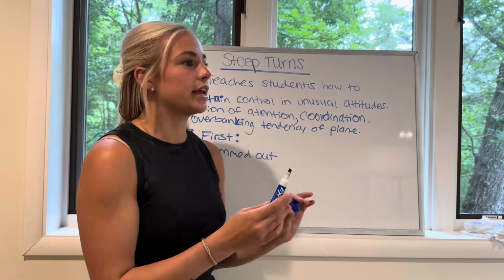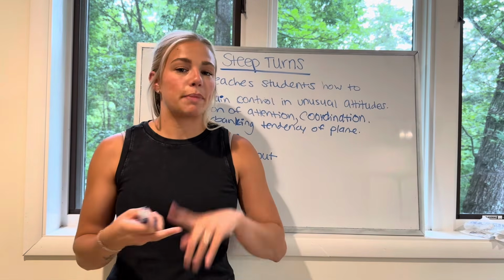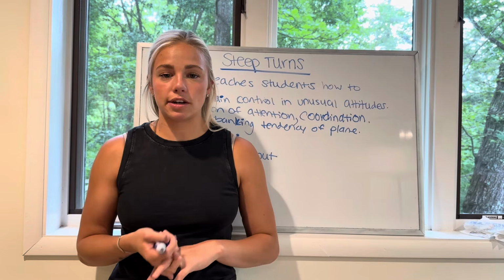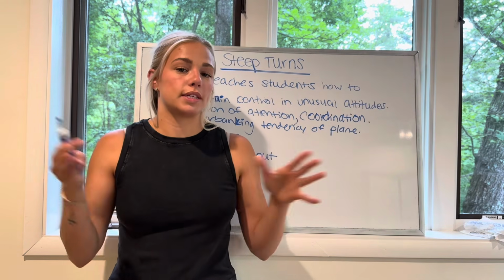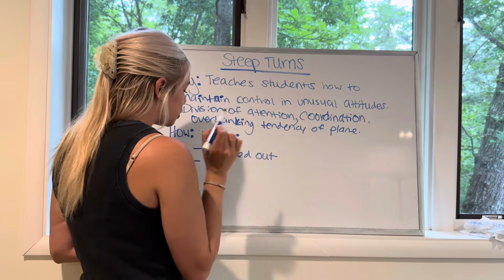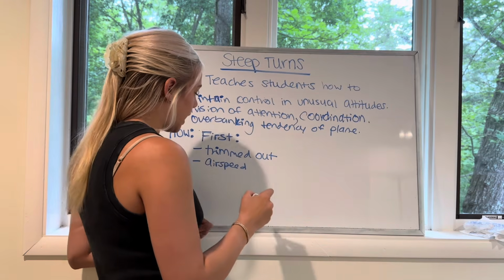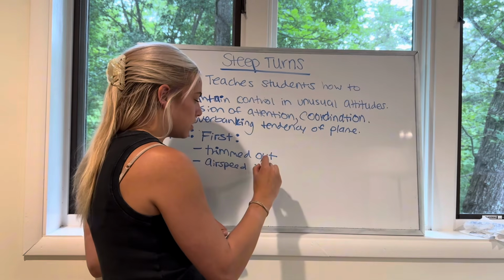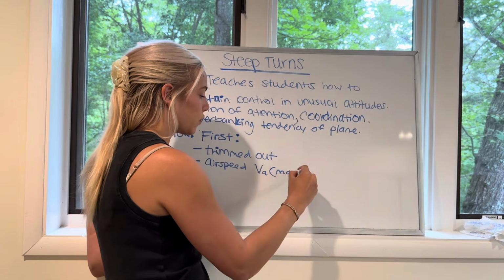So we want to have the airplane flying straight and level at a good power setting, at a good airspeed, and the plane is trimmed out for straight and level that we could take our hands off the controls and it would fly straight and level. We're going to want to check our airspeed and make sure it's not exceeding our VA, which is our maneuvering speed.